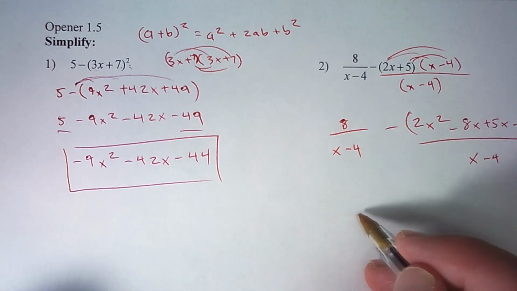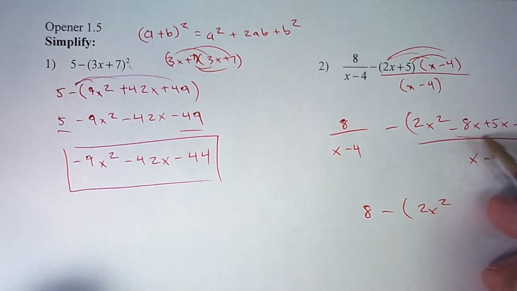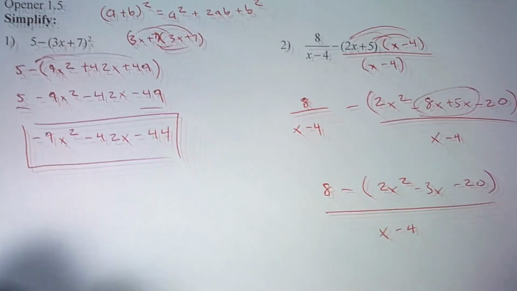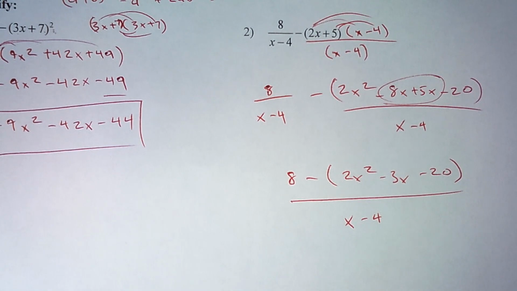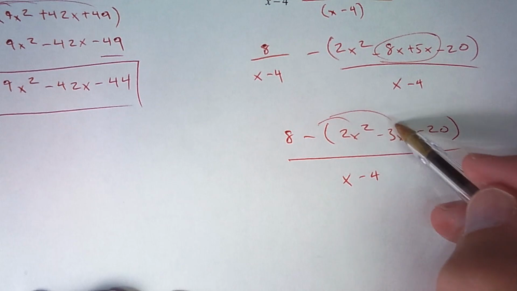I'm going to put this into one fraction, 8 minus 2x squared minus 3x minus 20 all over x minus 4. Okay, and then I need to distribute this negative.